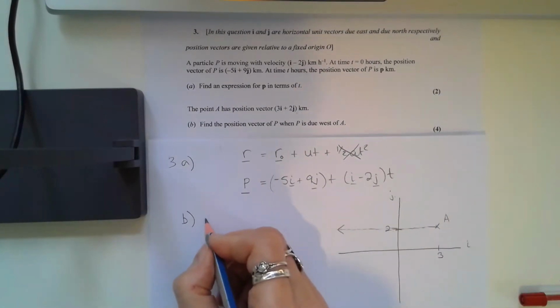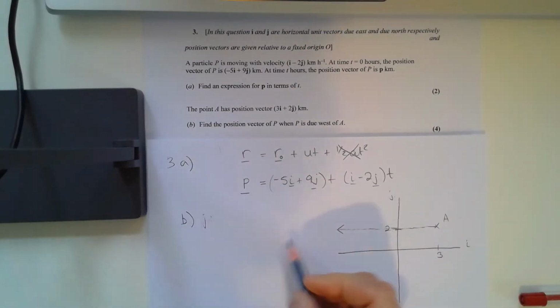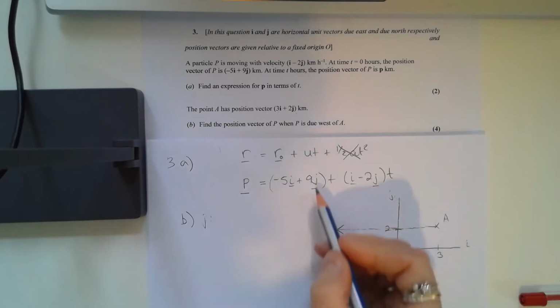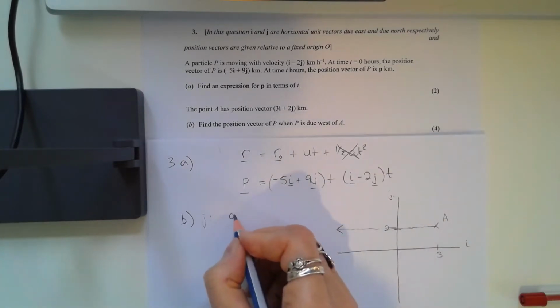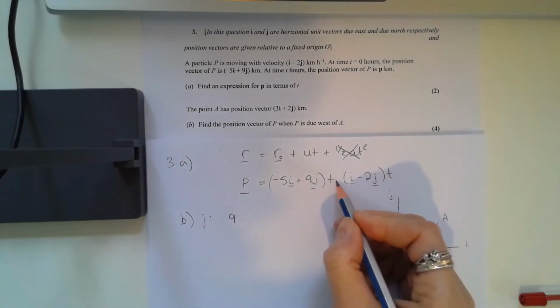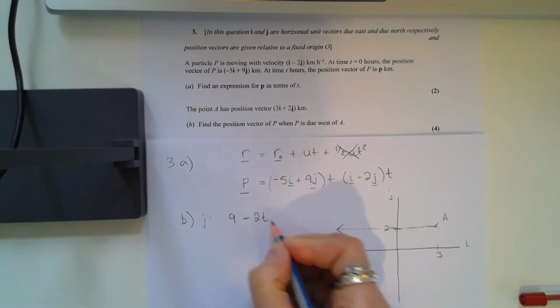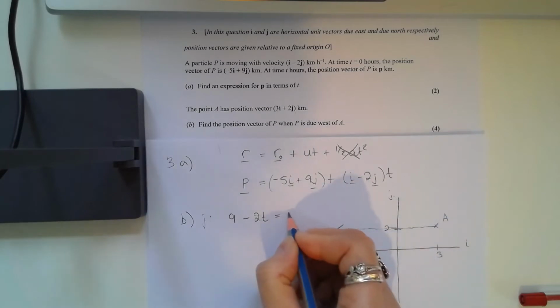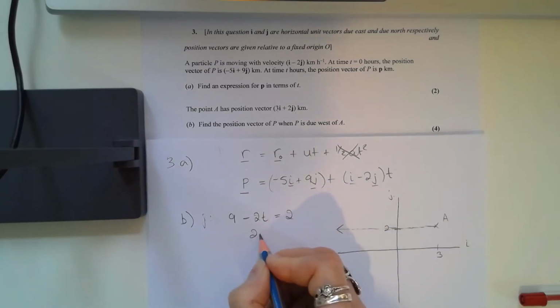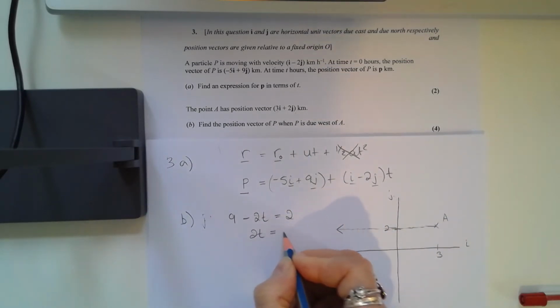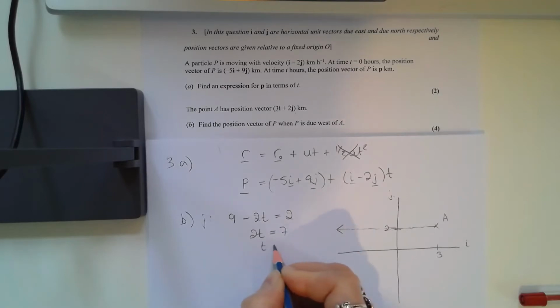So if I form an equation by equating the j component to 2, so 9j minus 2tj, 9 minus 2t is equal to 2. So that means that 2t is equal to 7 and t is equal to 3.5 hours.